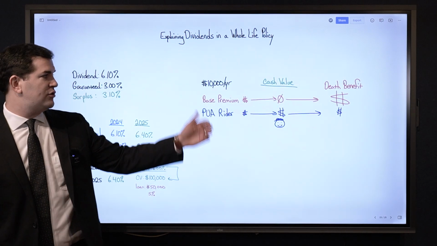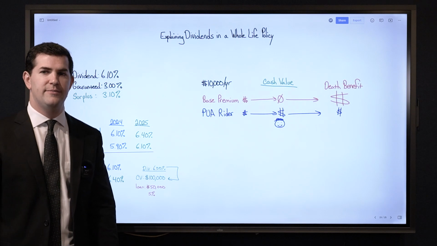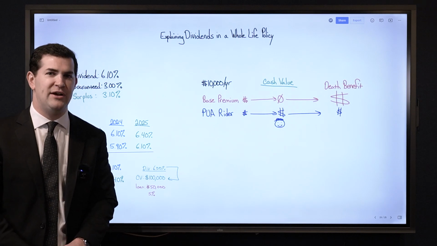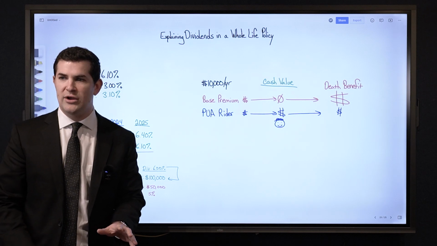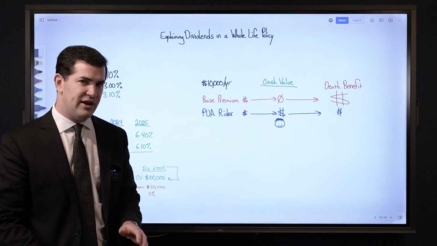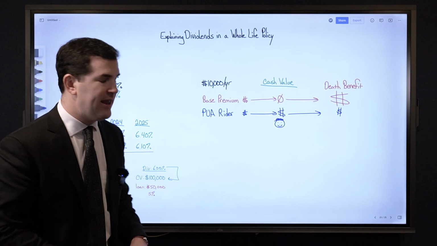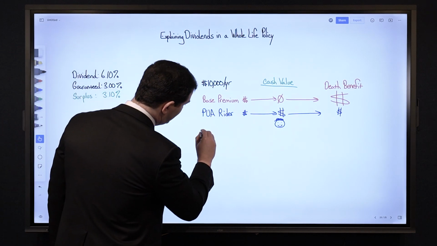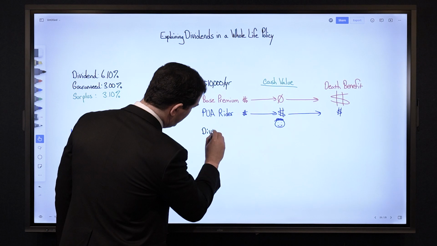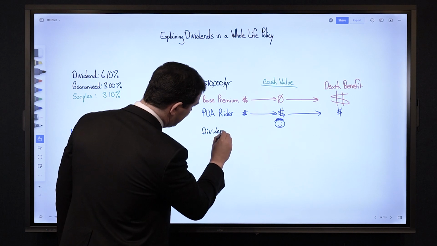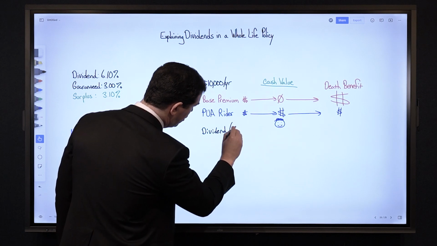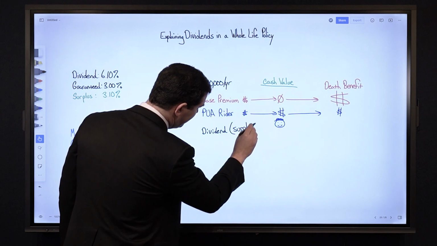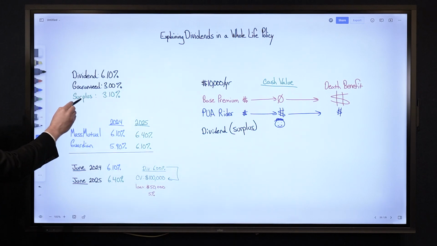So when you see this, where do you want to put your money? The PUA rider. Everybody says that. How do I get as much cash value as possible? So back to our question. Does the policy design affect my dividend? Yes. What you'll see when it comes to dividends is that a life insurance company is going to pay you a higher dividend, which I'm also going to call the surplus, now that we've covered what the surplus represents.